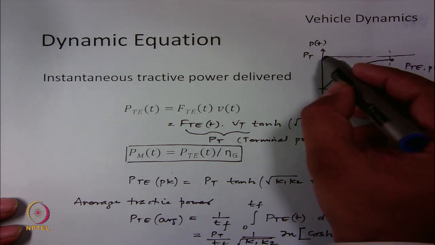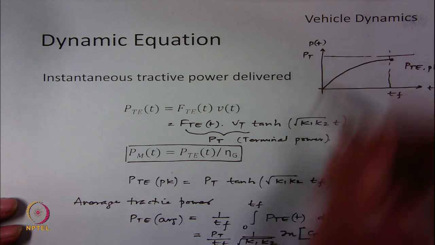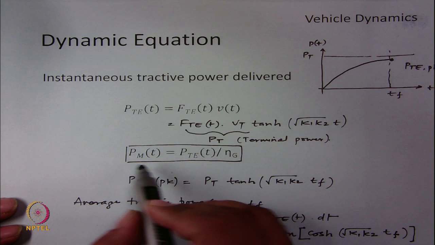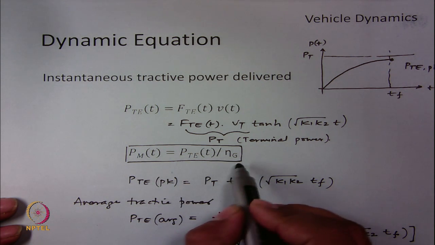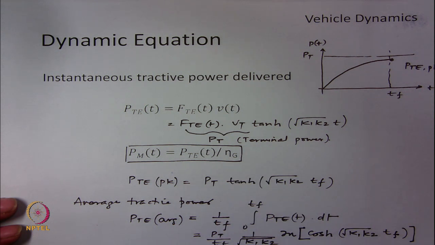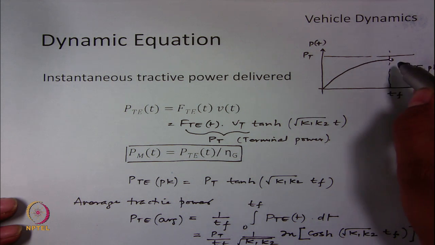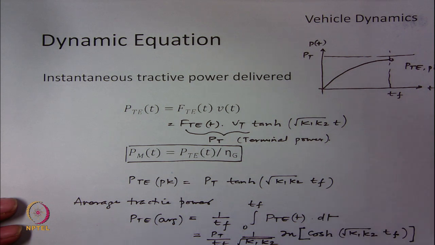So, when V t is reached, the power required is P t, and the power required by the shaft of the motor is this power divided by the efficiency of the gear. We can also find the power that is required when we are operating at velocity V f during time T f by just substituting T f here.